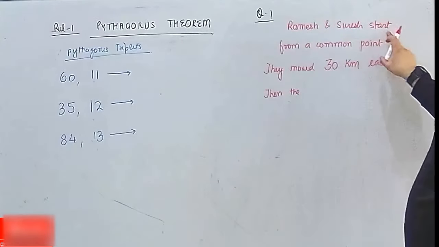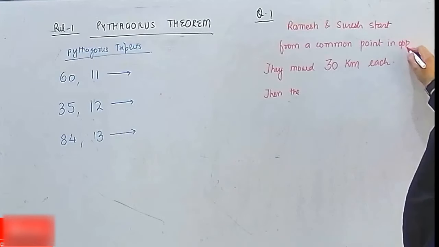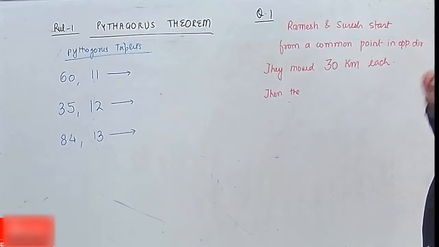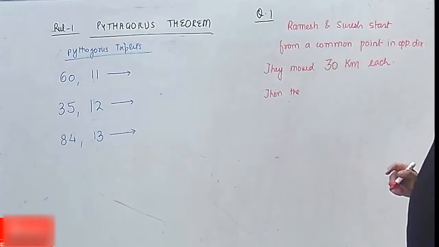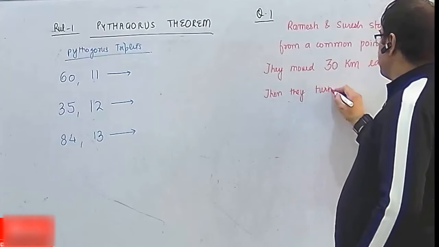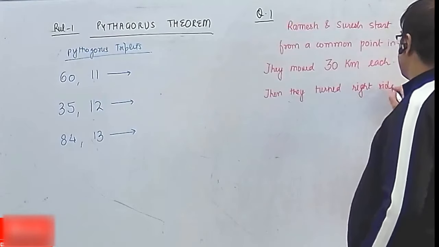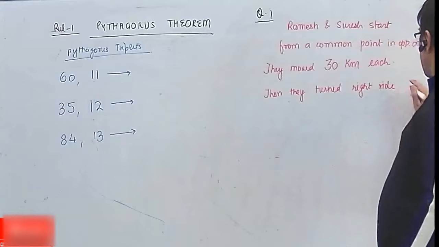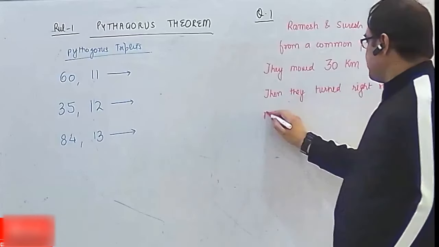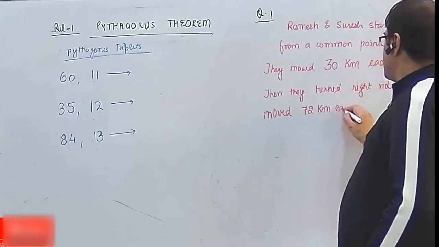This is given that Ramesh and Suresh start from a common point in opposite directions. They move 30 kilometers each. Then they turned right side and moved 72 kilometers.